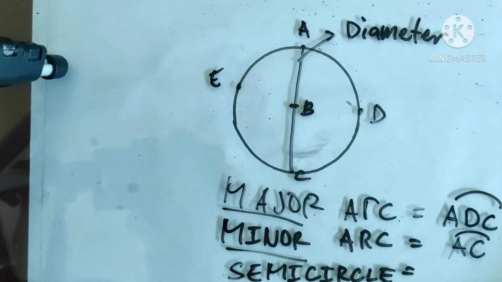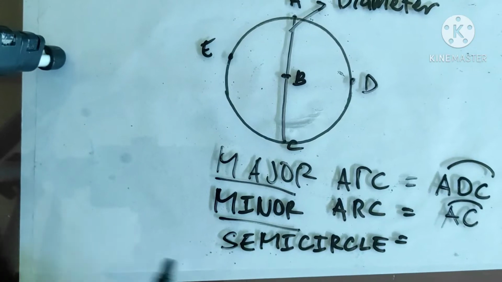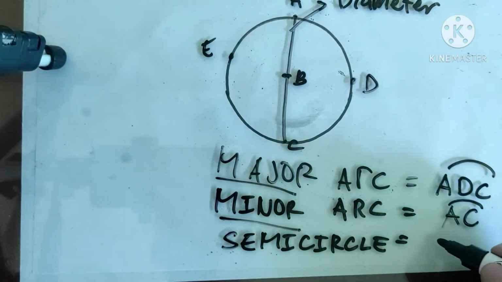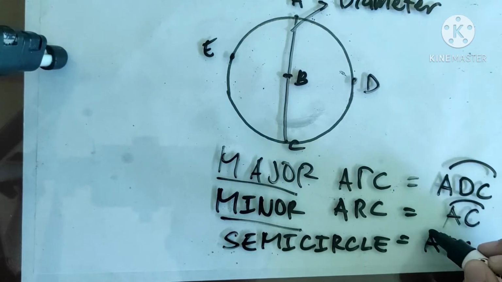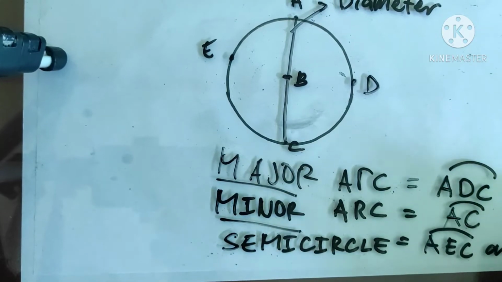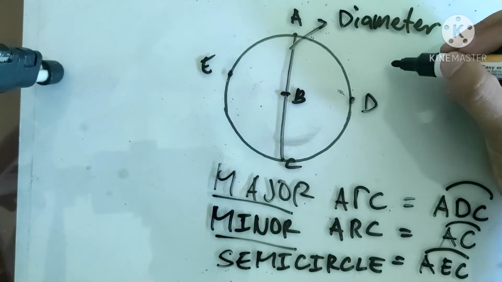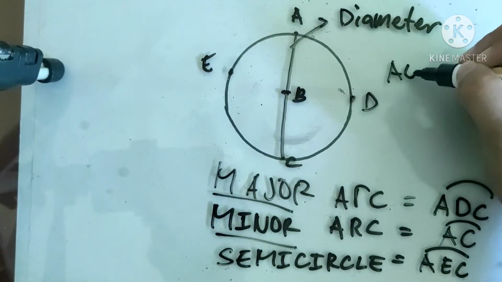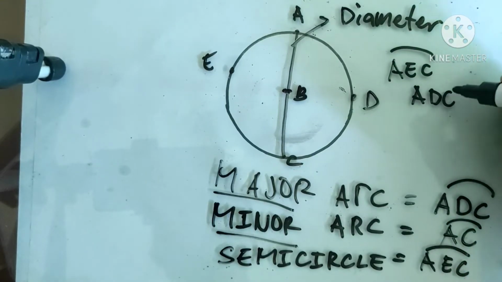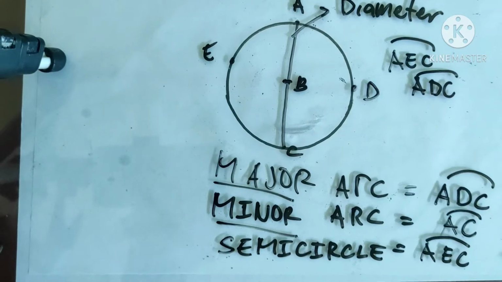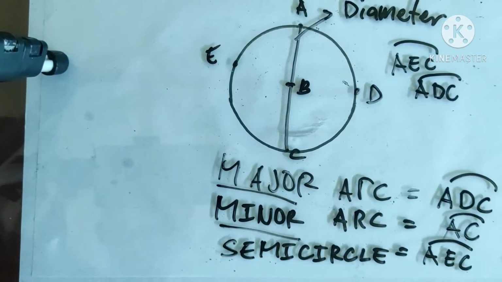And then, we have two semicircles. Namely, we have arc AEC, and ito lang sa taas, we have arc ADC. Okay? So, yan yung ating dalawang semicircle.